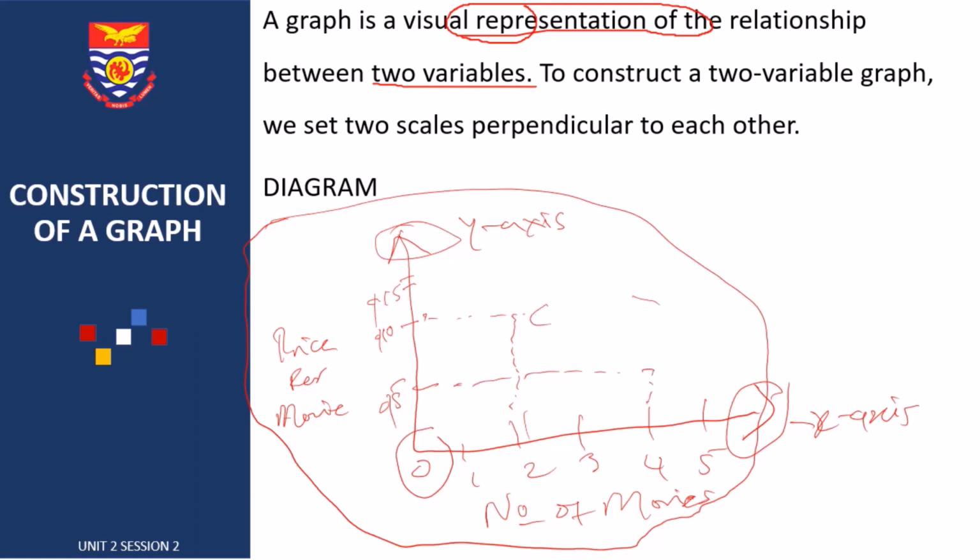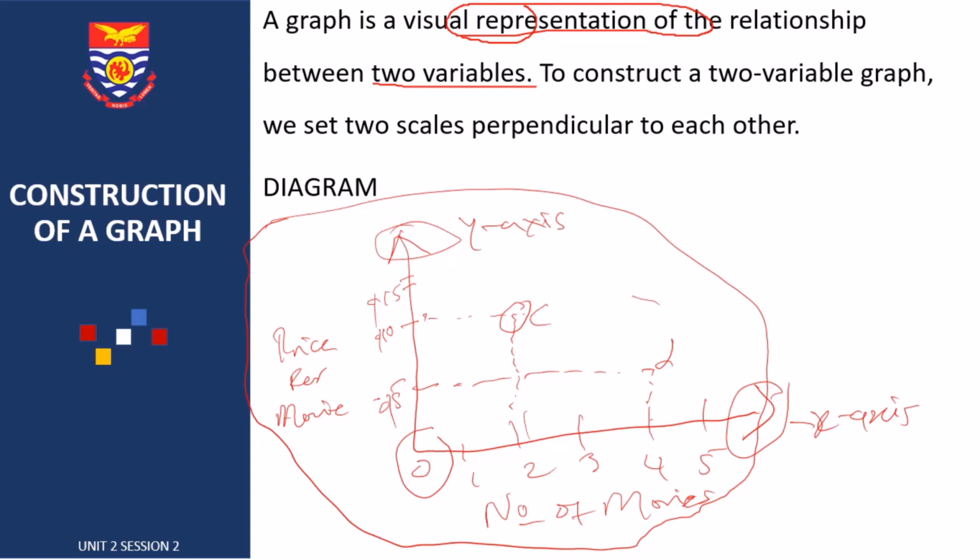Here is C, and here is going to be D. Now, the two variables at point C are 2 units on the x-axis and 10 units on the y-axis. Similarly, we can identify the values of the two variables at point D as 4 units on the x-axis and 5 units on the y-axis.